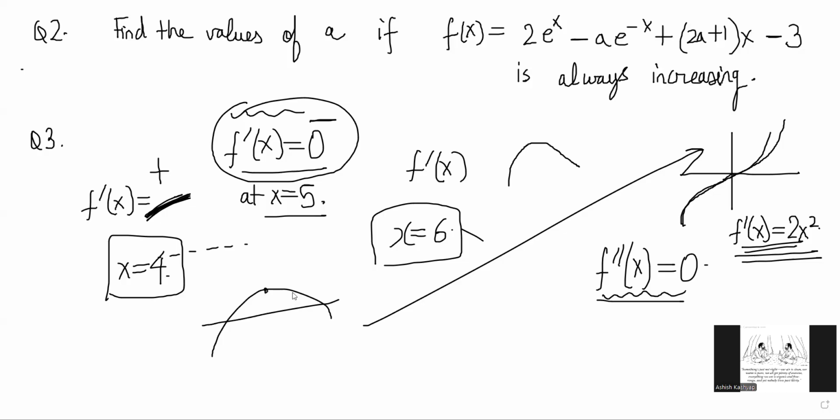The only place where you can have an increasing function where f dash x is zero somewhere is if it is an inflection point.